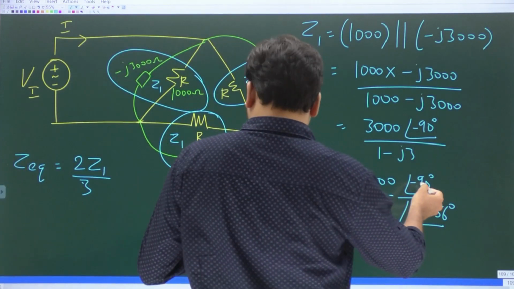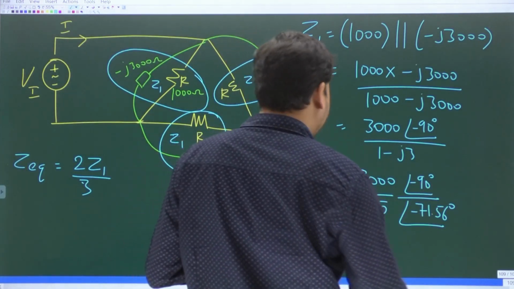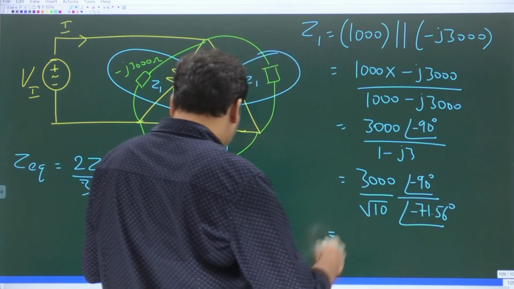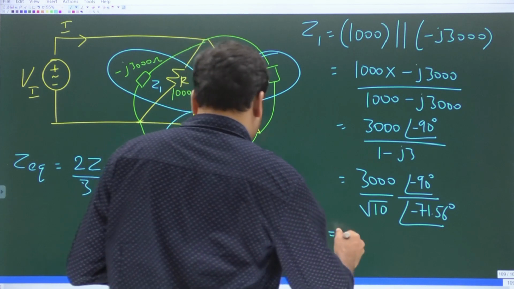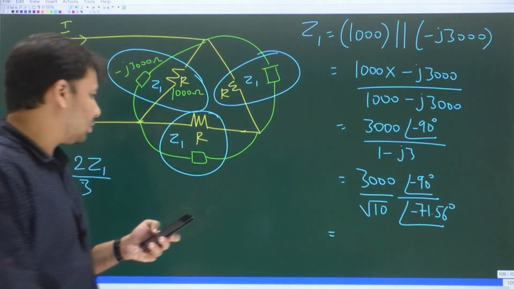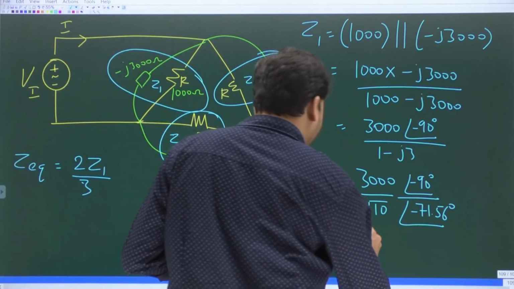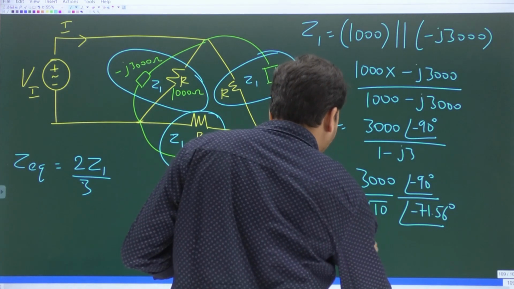That's all. Angle of numerator minus angle of denominator. Before that, 3000 by root 10. 3000 by root 10 will be 300 root 10.